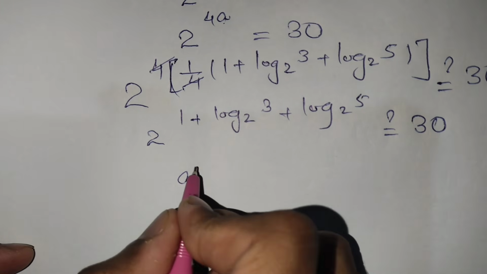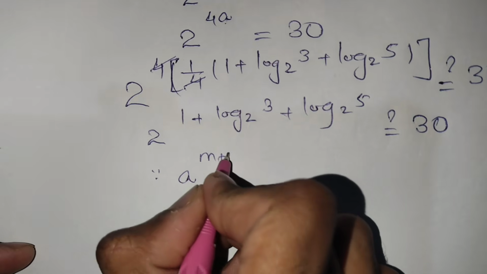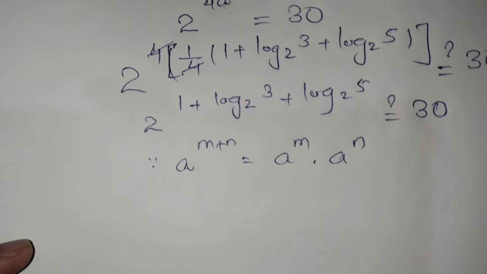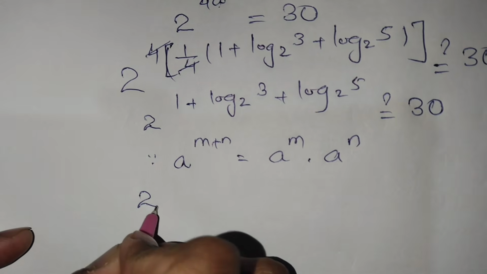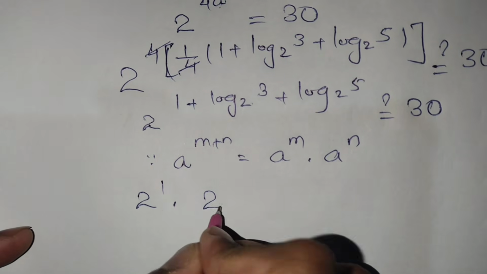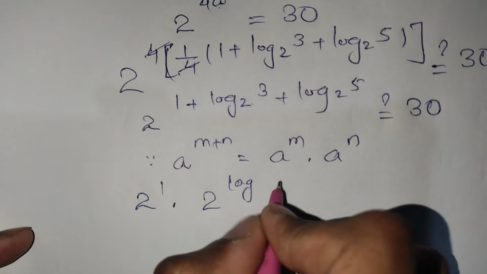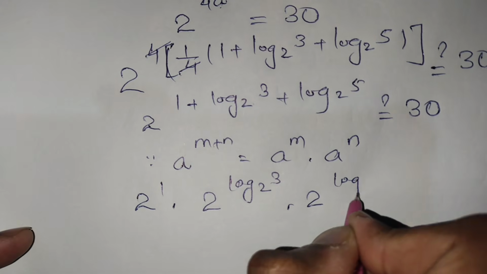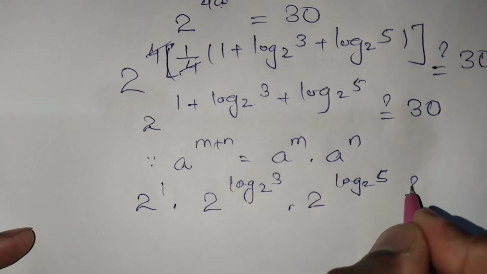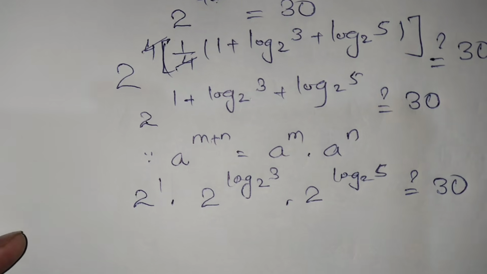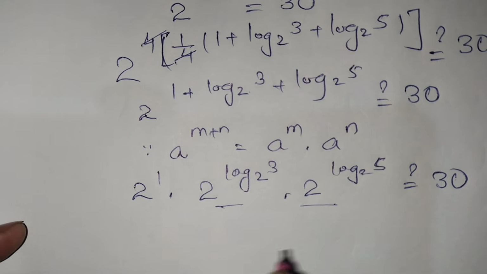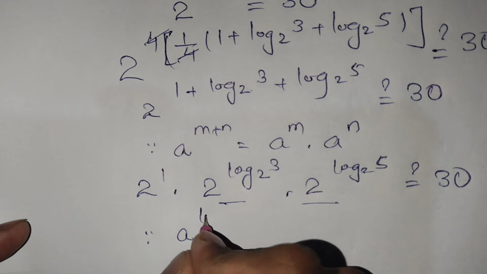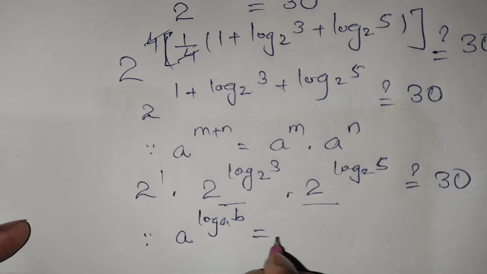We know that a power m plus n can be written as a power m times a power n. So it will be 2 power 1 times 2 power log of 3 with the base 2 times 2 power log of 5 with the base 2. For this and this we use that a power log of b with the base a always equals b.